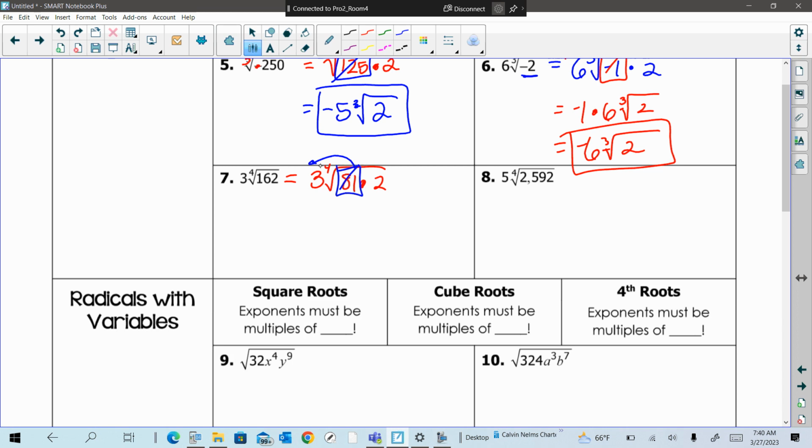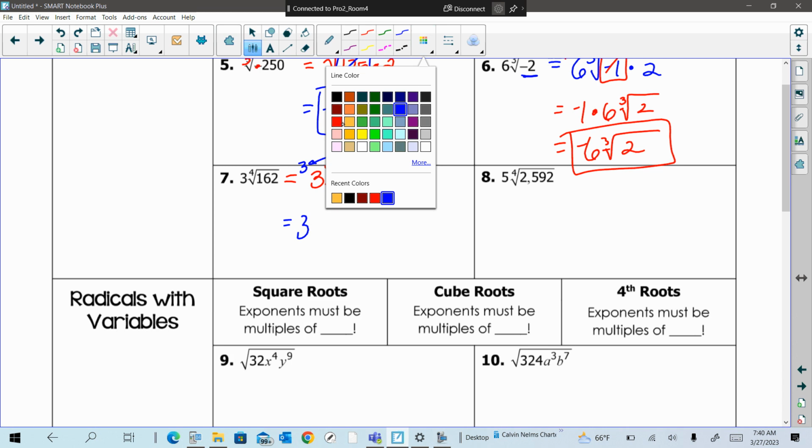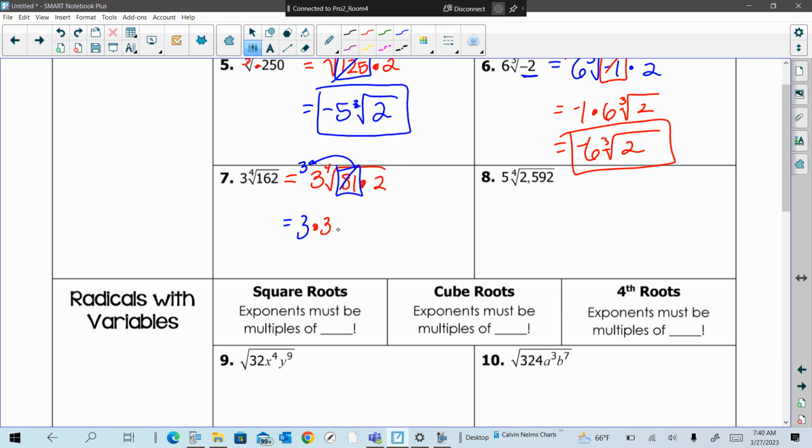So when it comes out, it is 3. So what we have is 3 times that other 3 we had, with the quartic root of 2. So the final answer here is 9, the 4th root of 2.